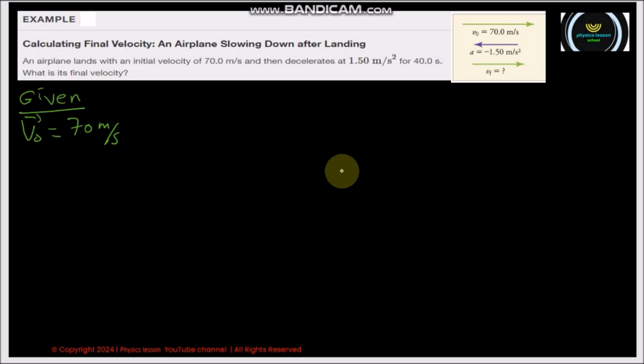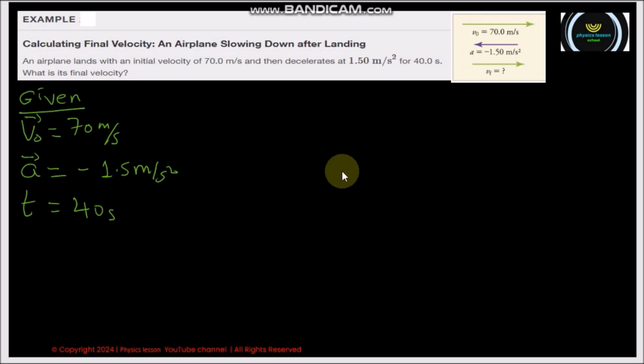That means we have a negative acceleration, minus 1.5 meters per second squared, for 40 seconds. We also have given the time is equal to 40 seconds.